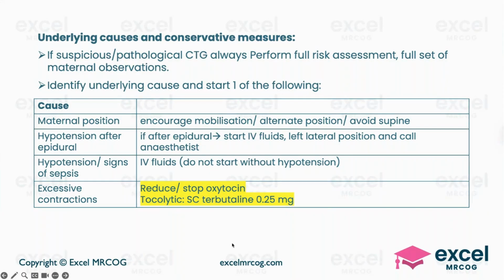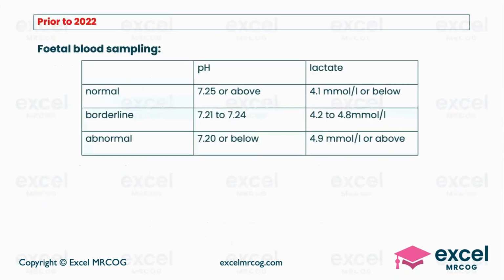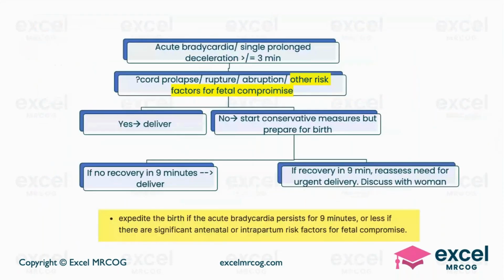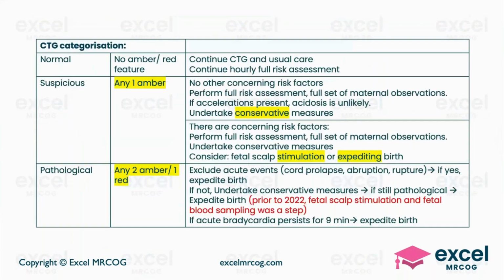So I just want to go back once and re-emphasize what we saw in the first table that we had here. If suspicious, remember, I'm going to look for my risk factors first. I don't find any. Then I look for the underlying cause.